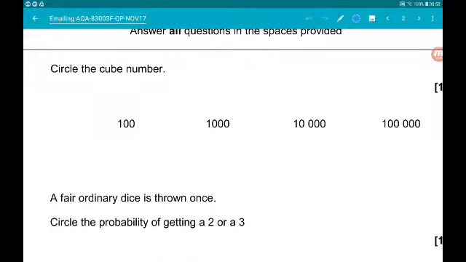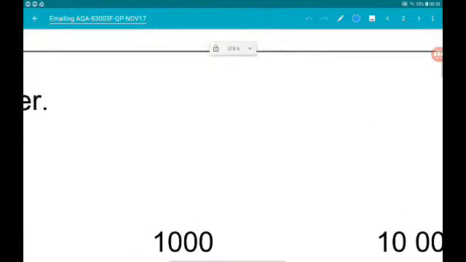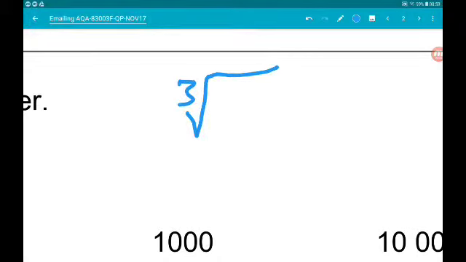Question 1, circle the cube number. You get a cube number when you multiply a number by itself and by itself. On your calculator you can check whether a number is a cube by putting in this sign, which means the cube root.